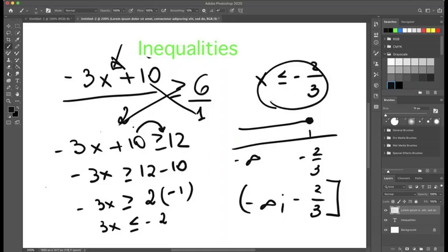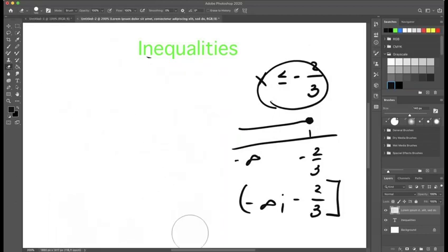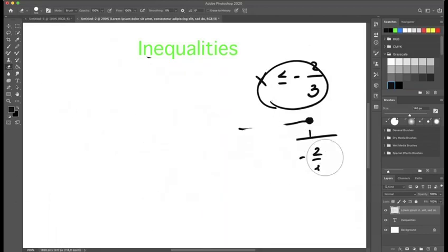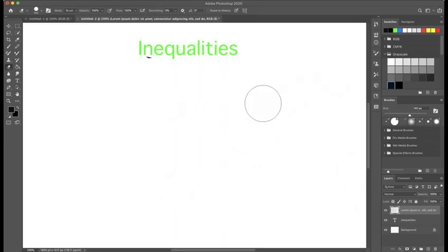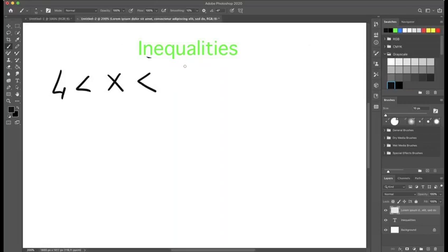Next one, what is the next? Now we'll talk about double, or two-sided, inequalities. 4 less than x, but x less than 7, for example.